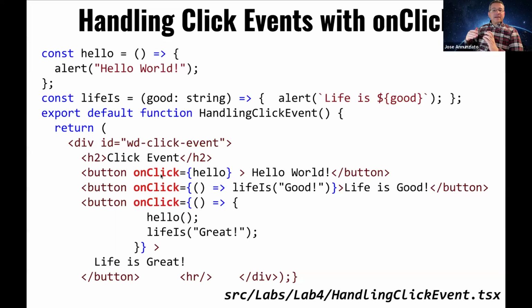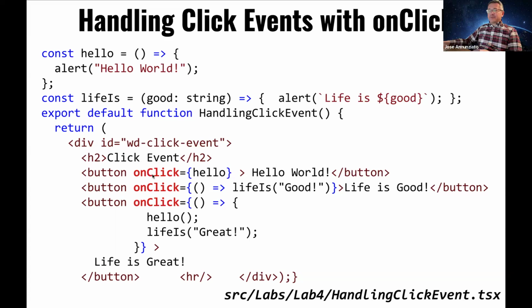The onClick attribute allows us to associate a function that will be invoked once the click happens. This could be applied to any element. More commonly, it is applied on a button, but it is not the only element. You could apply it to a heading, a div, a paragraph; anything can be made clickable just by applying the onClick.